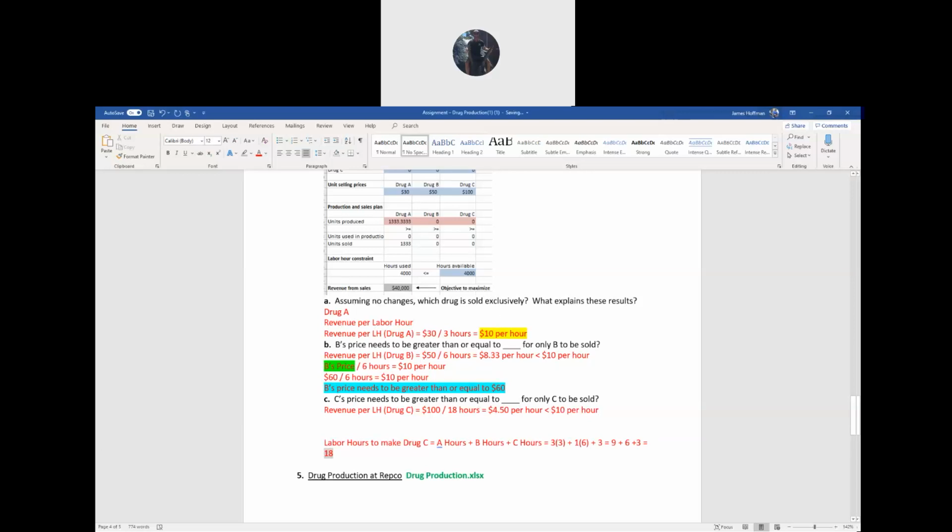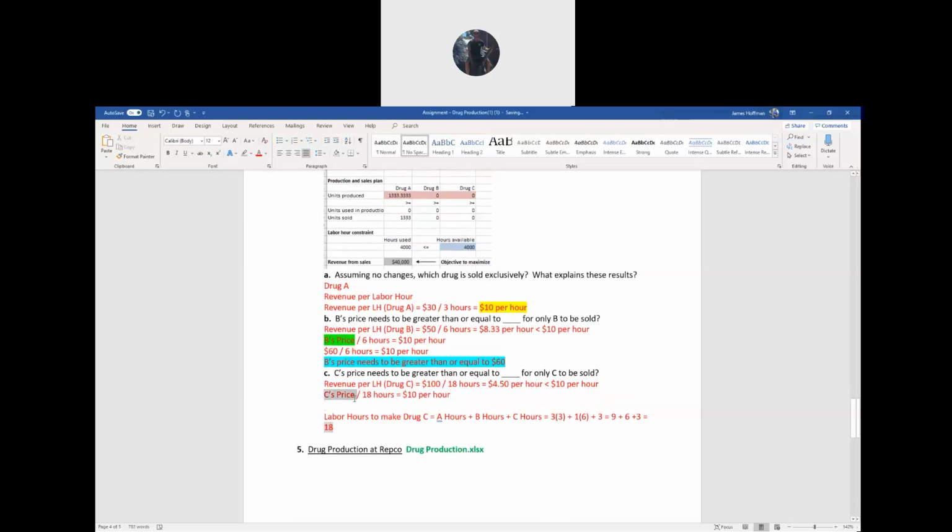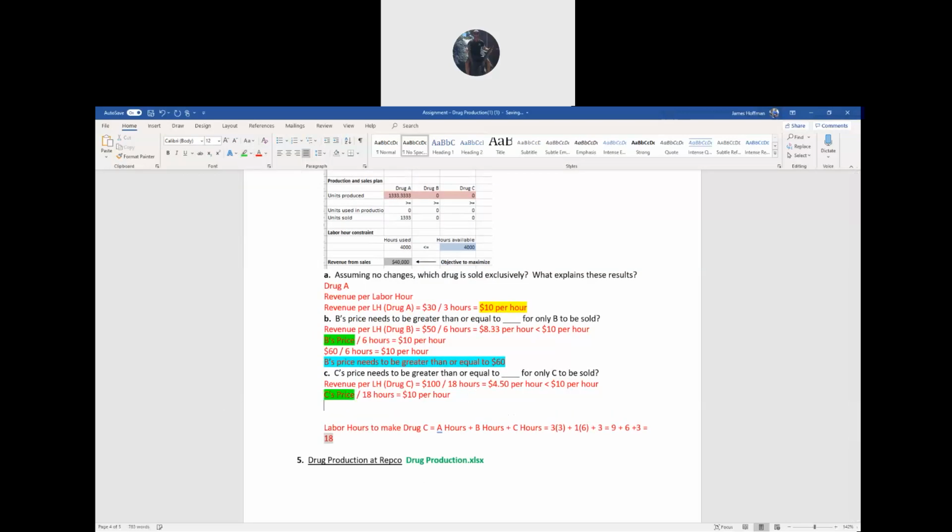So what divided by 18 is 10? C's price would have to be 180, right?